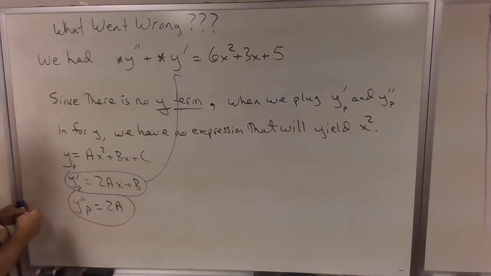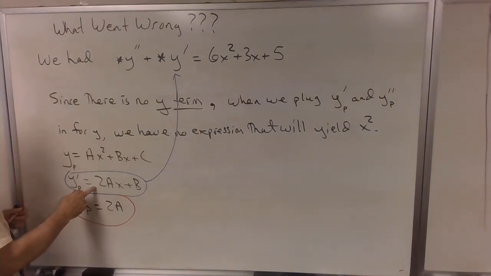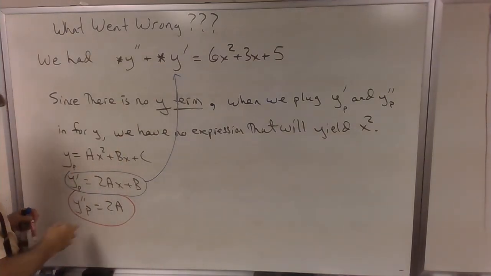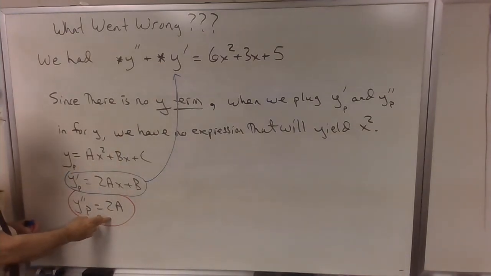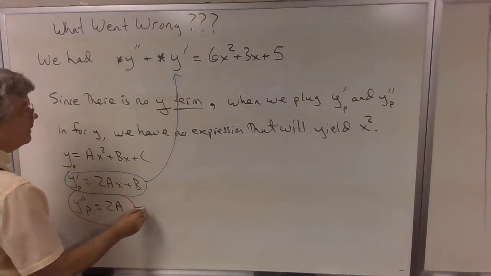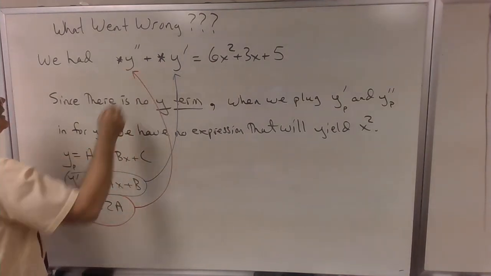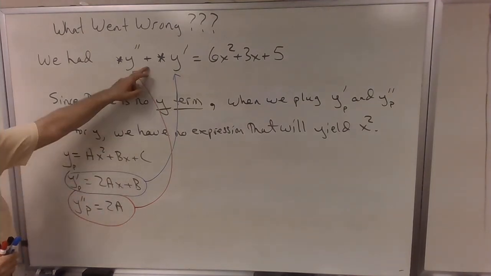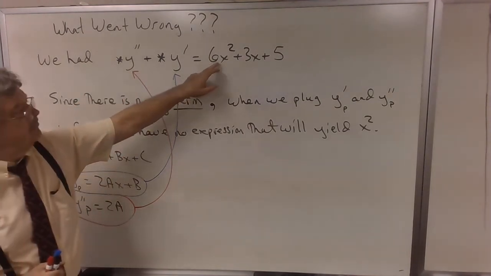We take y double prime, and let me back up a little bit. We take y prime, which does not have an x squared term, and we plug it in here. And we take y double prime, which doesn't have an x squared term, and we plug it in here. Well, neither of these two things, when we plug them into the equation, are going to give us an x squared.